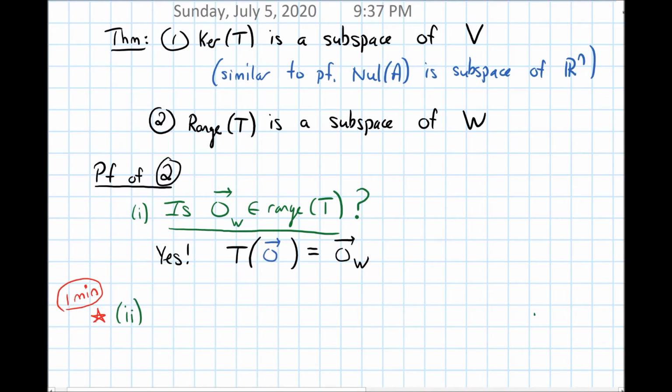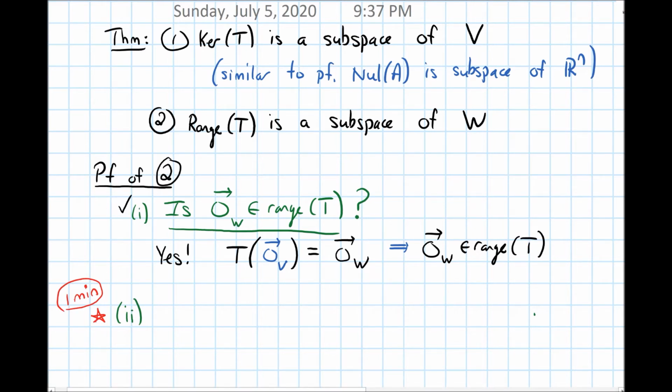But I would plug in the 0 vector of V, because my domain is vectors in V. So that's what 0 sub V means, the 0 vector of V. So this implies that the 0 vector of W is in the range. Okay, so that checks off this first property for us.